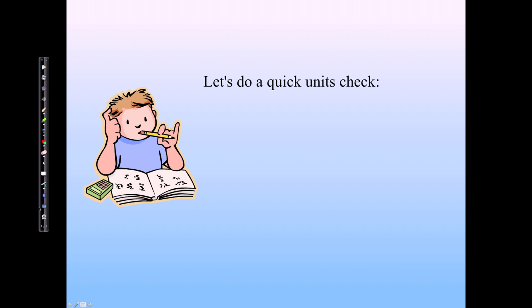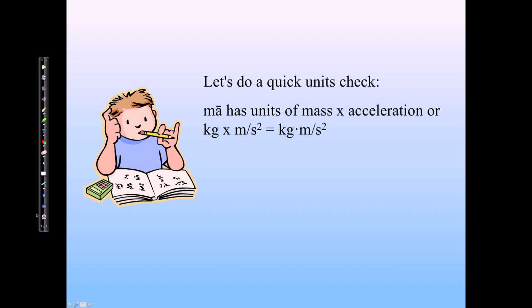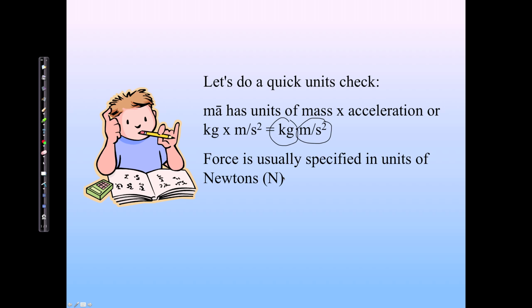Now, let's look at the units of force. Force equals mass times acceleration, and if we look at the units of mass, which are kilograms, and the units of acceleration, which are meters per second squared, then we get that force, which is often specified in newtons.